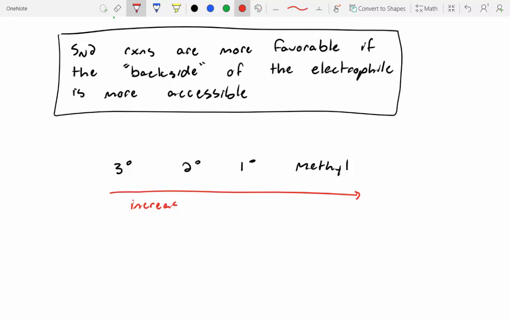And that also means that as we get towards methyl electrophiles, they become much more reactive towards an SN2 reaction.